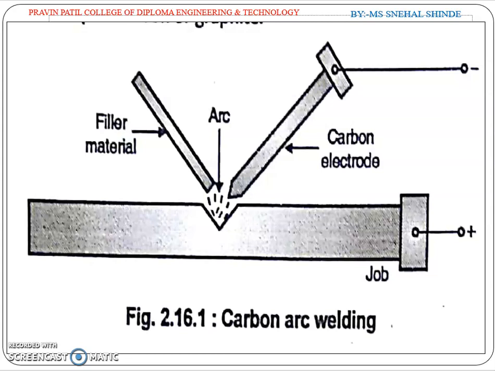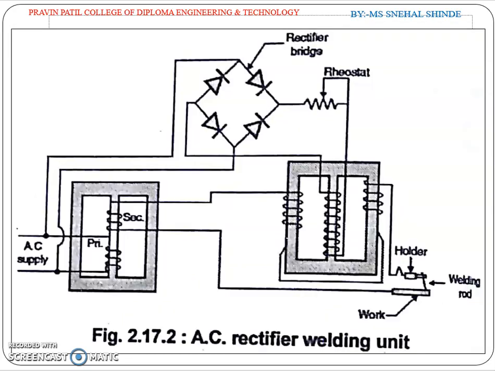Carbon arc welding is used for welding sheet steel, copper alloys, brass, bronze and aluminum. It is not suitable for welding in vertical plane or overhead welding.